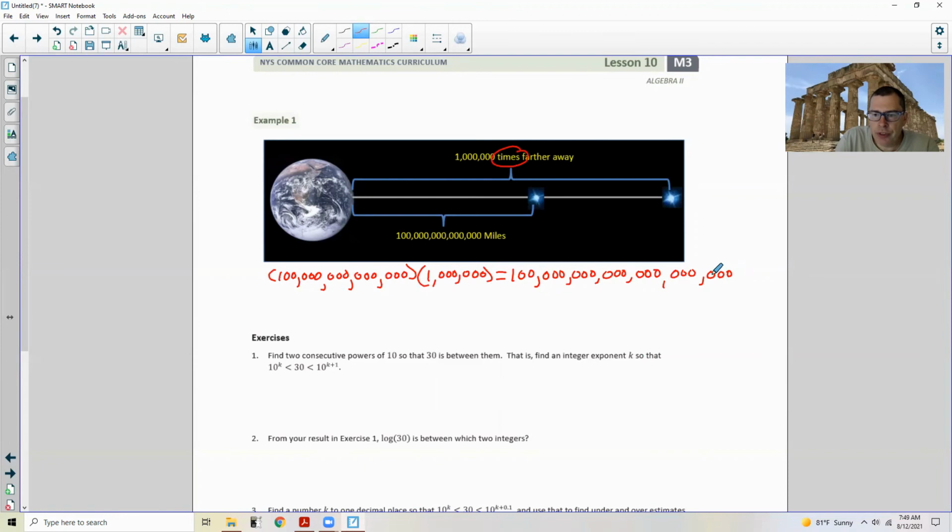So this is hundreds, thousands, millions, billions, trillions, quadrillions, and this is quintillion. So this is 100 quintillion miles from Earth, since it's 1 million times farther than this one.